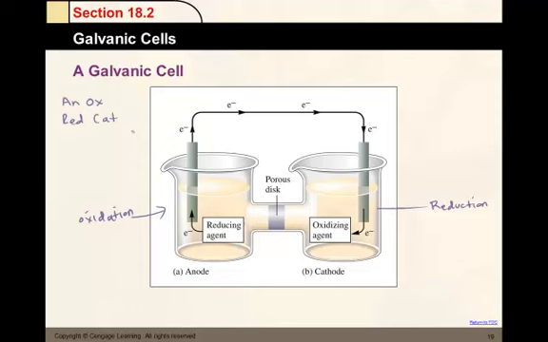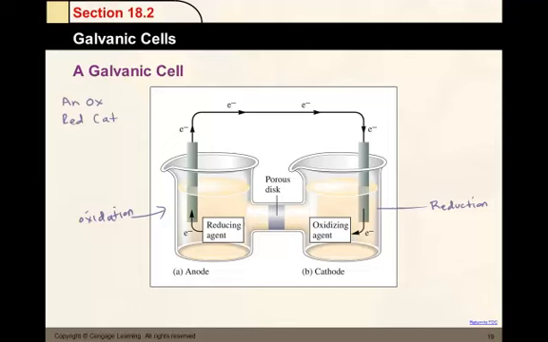In other words, if you saw a large animal called an ox, you could say, hey, I just saw an ox. So anode is oxidation. Red cat, obviously another animal, a cat that happens to be red. It's pretty odd. Red cat, reduction at the cathode. So an ox and red cat help us remember which is happening in which compartment.